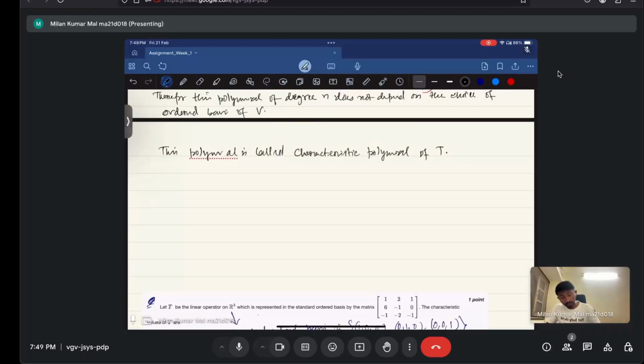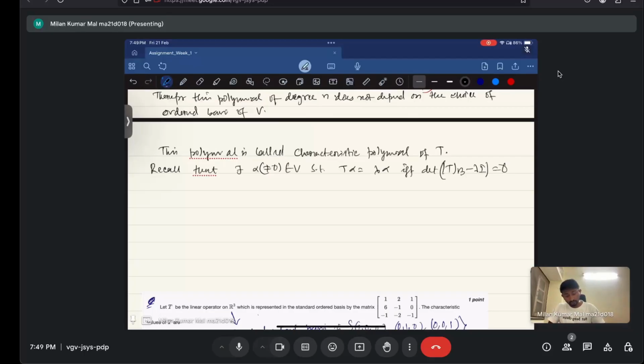Okay, now recall that there exists a vector alpha not equal to 0 in V such that T of alpha is equal to lambda alpha if and only if the determinant of T_B minus lambda I is equal to 0.